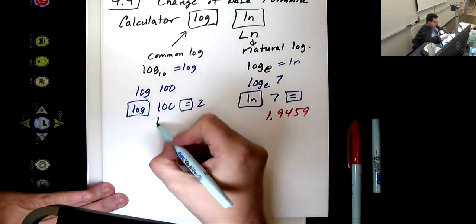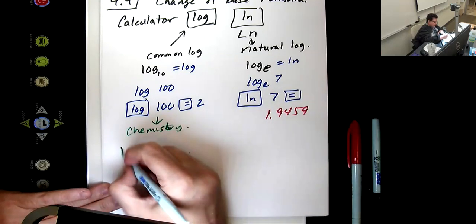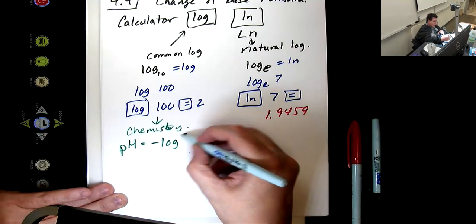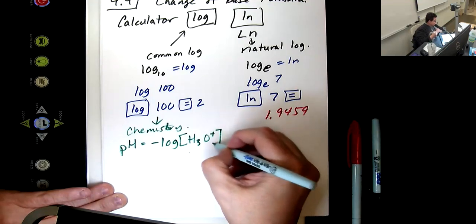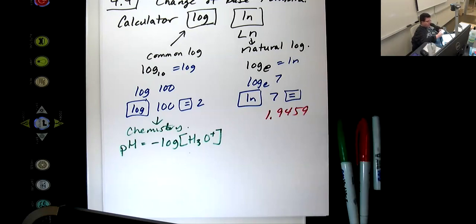The common log is used in chemistry a lot with the pH system. The pH of a solution is defined as the negative log, common log, of H3O plus, which is the concentration of hydronium ions in moles per liter. There's some stuff worked out with this in the video, and I'll probably do some on Monday. The volume of sound goes off of this.